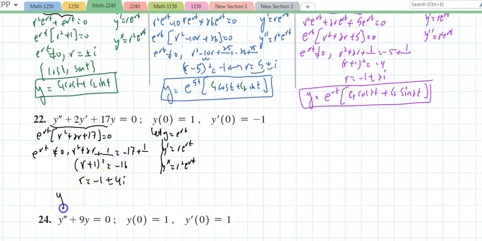The general solution is y equals e to the rt, e to the negative t, by the way, something I want to start mentioning really quick, C sub 1 cosine of 4t plus C sub 2 sine of 4t.